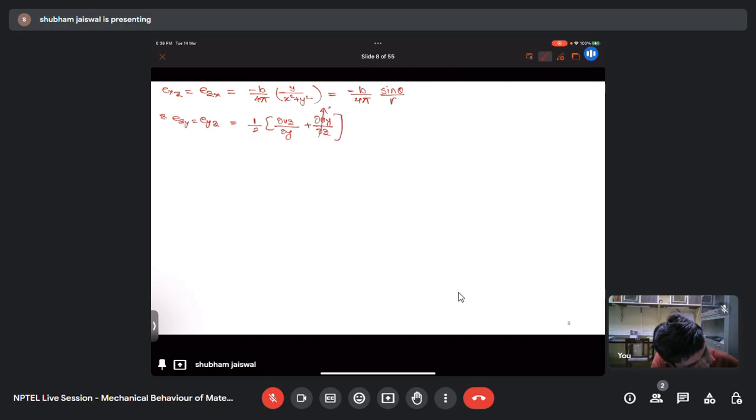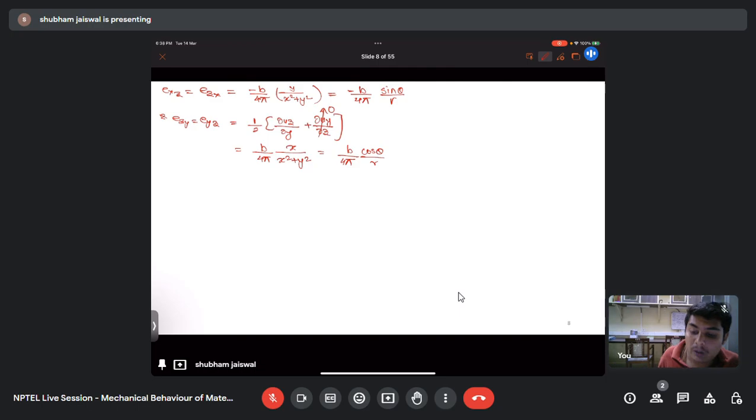So this also becomes 0. Only we are left with dou uz upon dou y, and we'll get the term b upon 4 pi x upon x square plus y square. If I convert into polar coordinates, b upon 4 pi, here we'll get cos theta upon r. So these are the engineering strains.